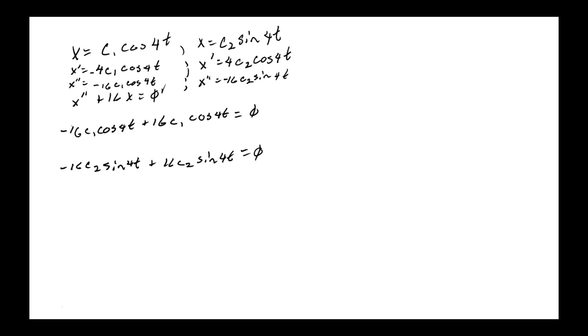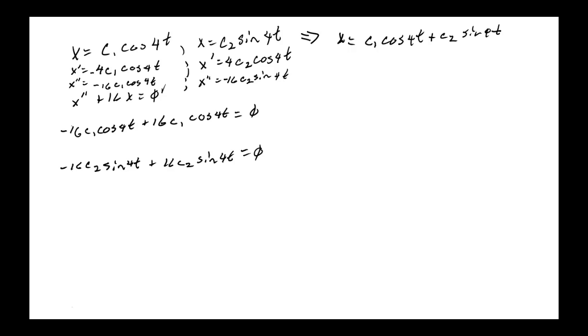They say finally it's straightforward to verify that the linear combination of solutions, or the two-parameter family, also works. So if you take these two up here and combine them together, you have x is equal to C1 cosine 4t plus C2 sine 4t. Then you take the first derivatives, which would just be the linear combination of those two, and the second derivatives, the linear combination of those two.